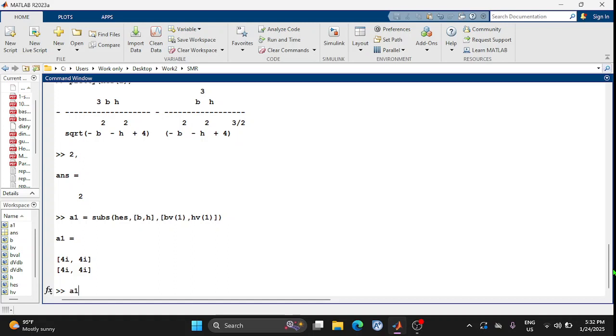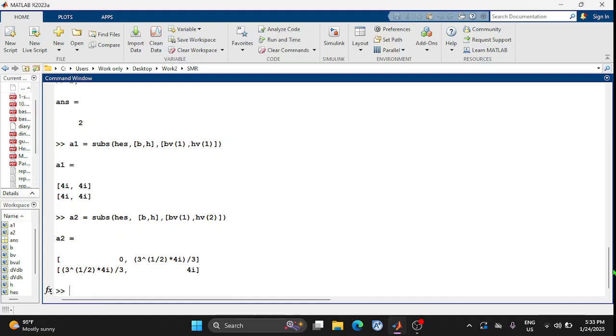So now the next combination, let's say a2. For a2 we have subs, we want to put in place of B and H, and we are substituting our first B and our second B. So we have this one too. We have complex values in there, and this defeats the whole purpose.